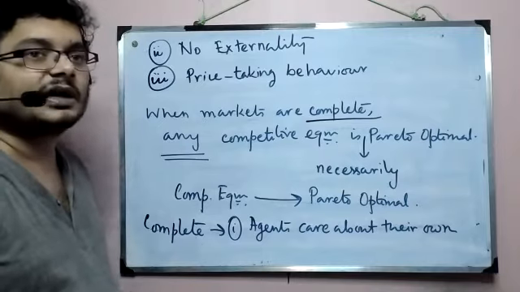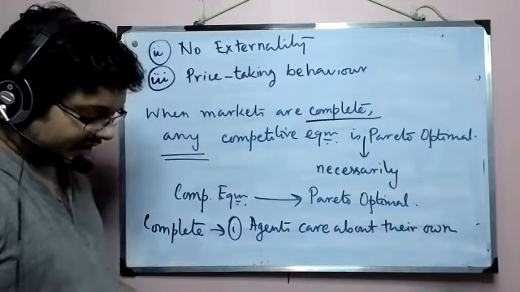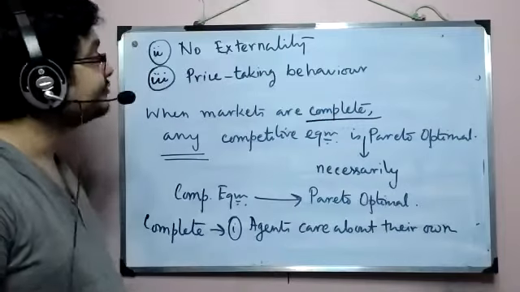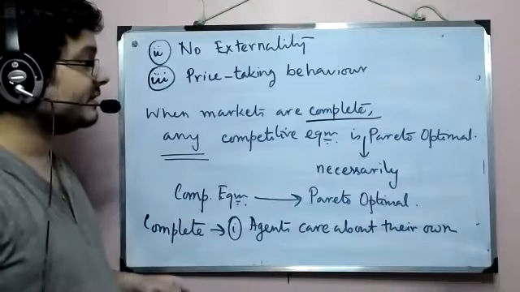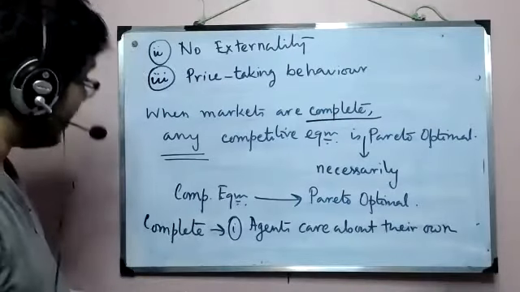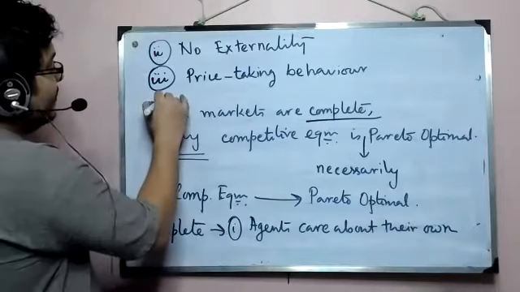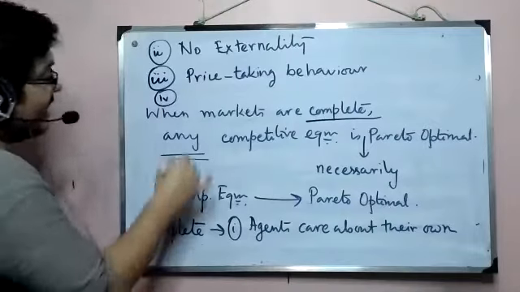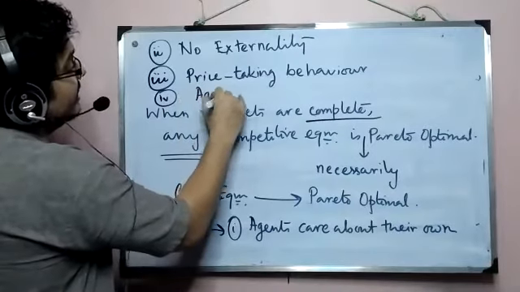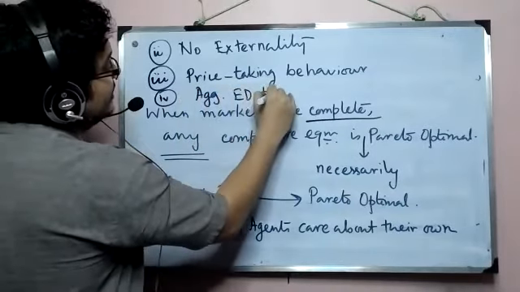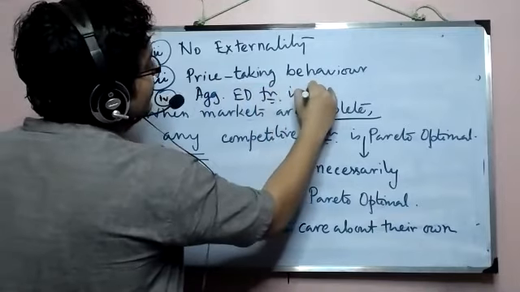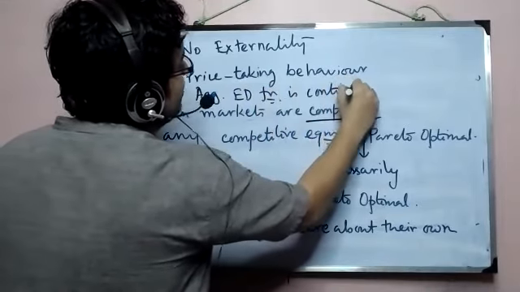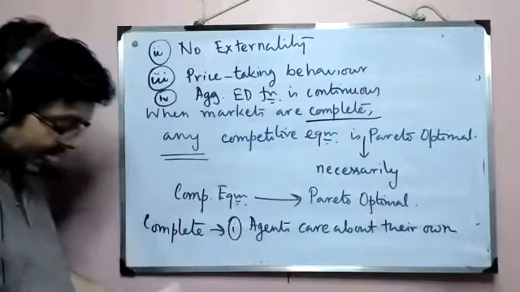No, you don't try to bargain, because if you try to bargain, there is no result, no one will listen to you. So price taking behavior, you are too small. And number four, we mentioned it at last, and that says the aggregate excess demand function is continuous. Okay, so there are too many things in a very small place.